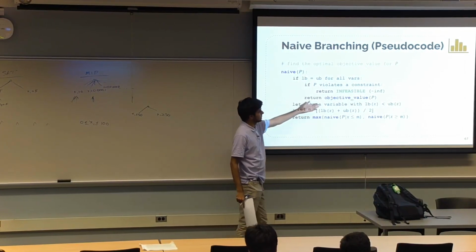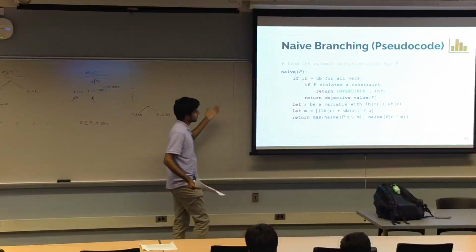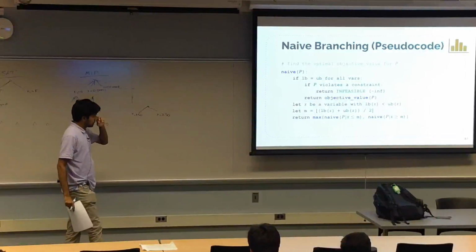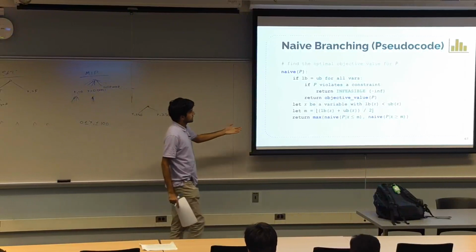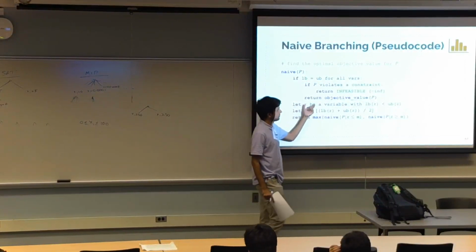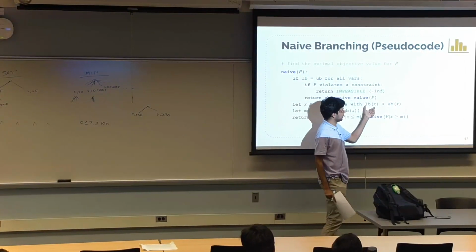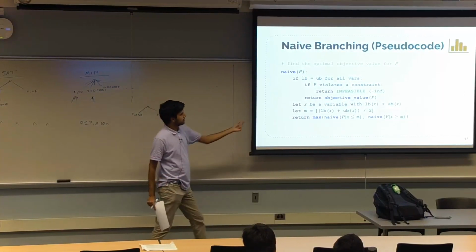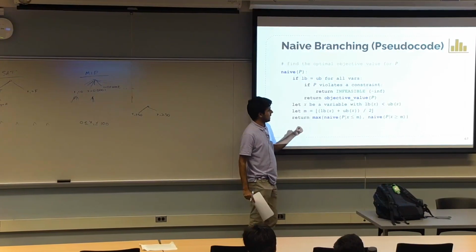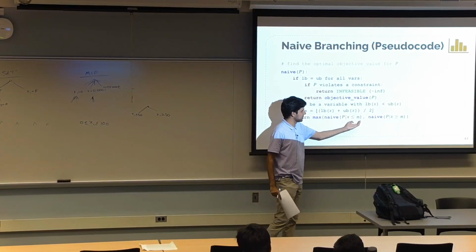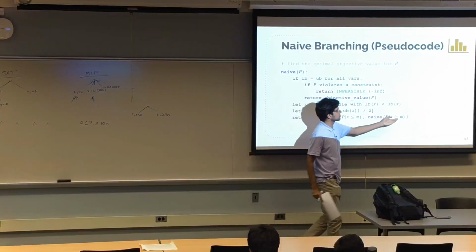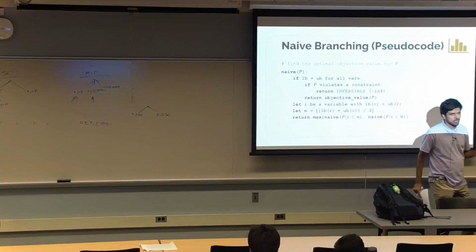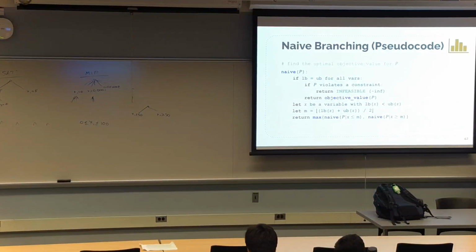Otherwise, we return the objective value because all of our variables are assigned. If not all of our variables are assigned, we choose a variable whose lower bound is less than its upper bound, meaning we can still split it, find its midpoint, and then recurse on x being less than or equal to the midpoint and x being greater than or equal to the midpoint, and take the maximum of the two.